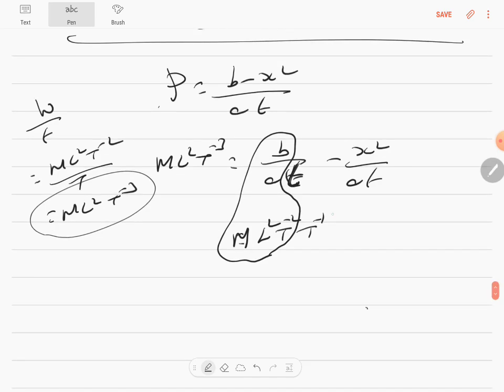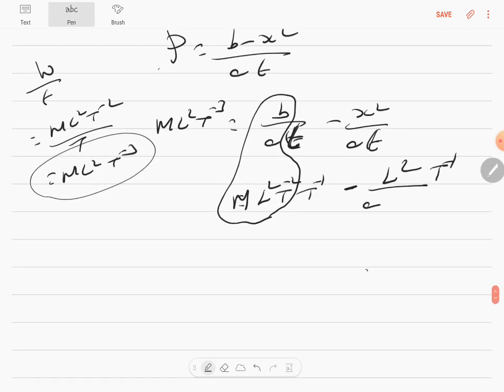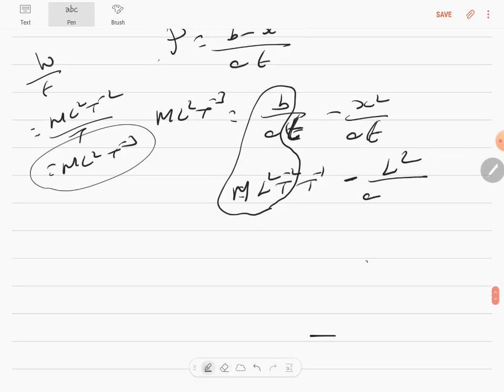So let's go to the next, which is there is an x square, which is distance, which is L square, by a into t, is 1 by t, is t to the power minus 1. So therefore, since it is t to the power minus 3, you can write t here, but you need a 1 by t cube.